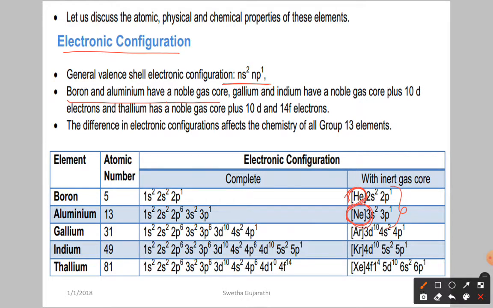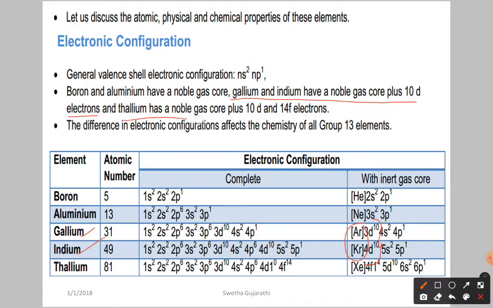Gallium and indium have a noble gas core plus 10 d electrons.